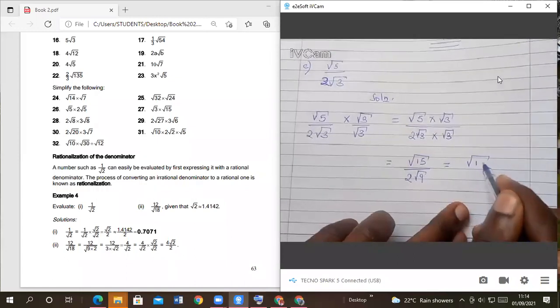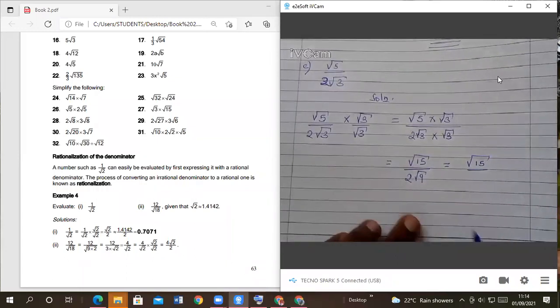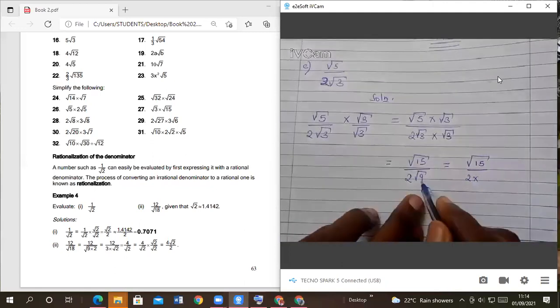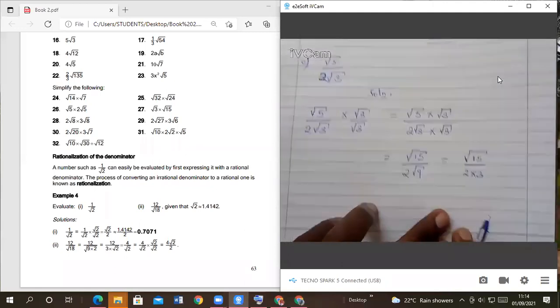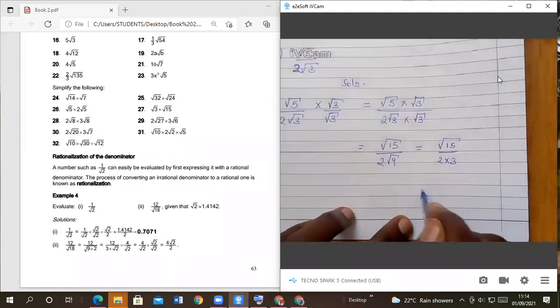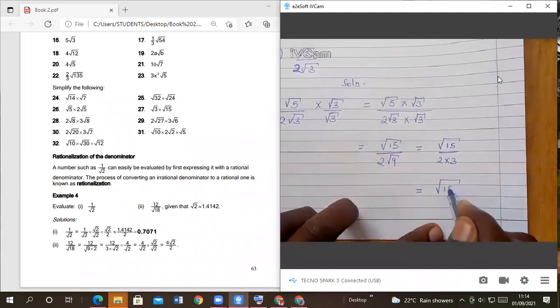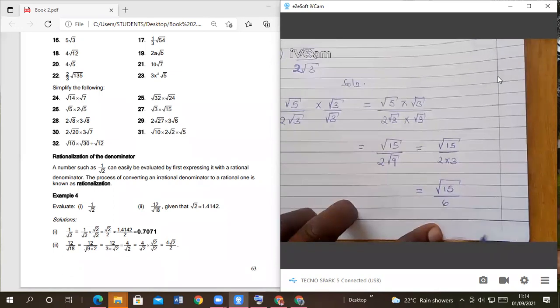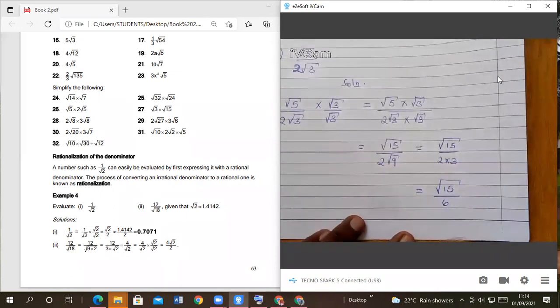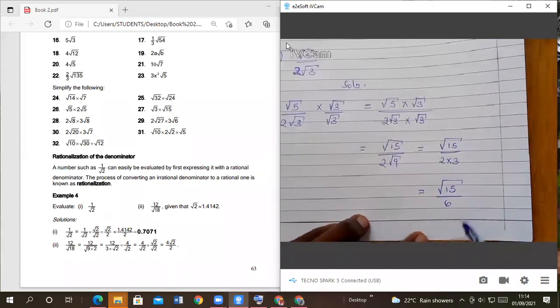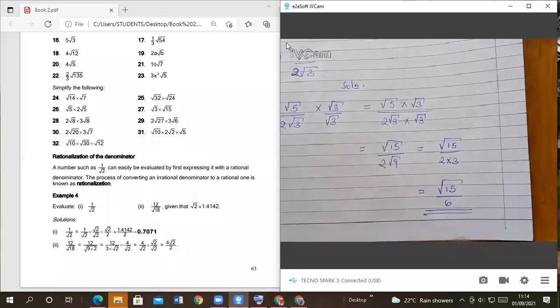But root of 9 is 3, which gives us root of 15 over 6. Is there something else we can do from there? No. Okay, so we leave our answer like that.